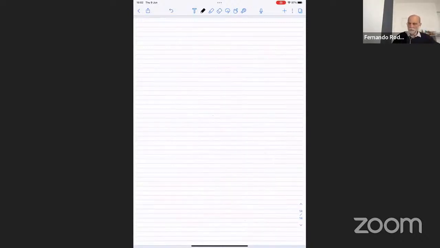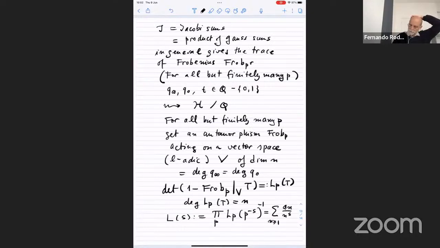Now, what do we expect from this? Why do we care about this L function? Well, a lot of things are expected, to be able to reap benefits from having constructed this thing.